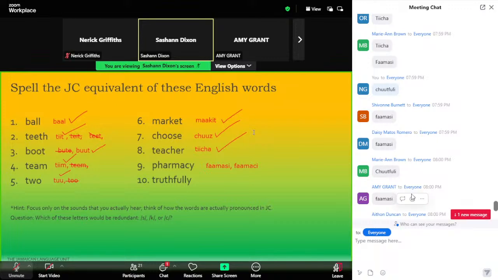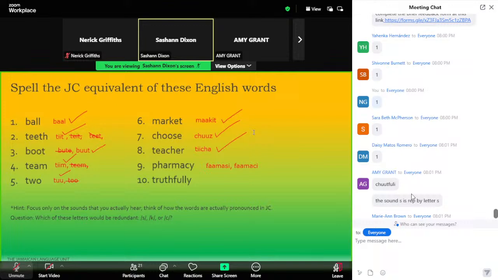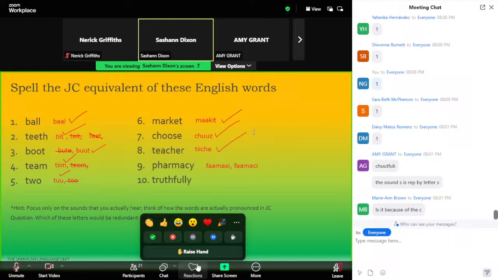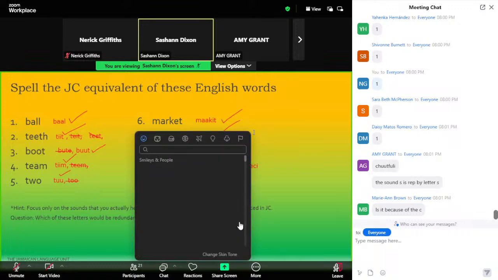Okay, so Amy says the S sound is represented by the letter S. And Marian is asking, is it because of the letter C? That's exactly it. So given the choice between S or C to represent the sound, you always choose the S. Because remember, we already ruled out the letter C earlier because we have the K to represent the K sound and we have the S to represent the S sound.